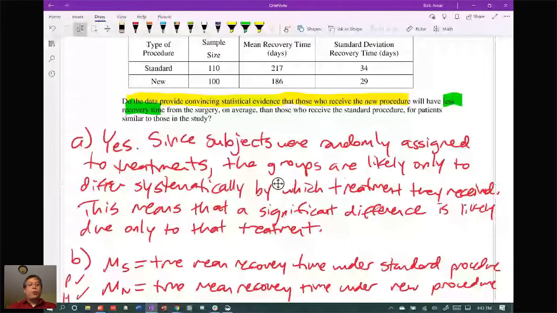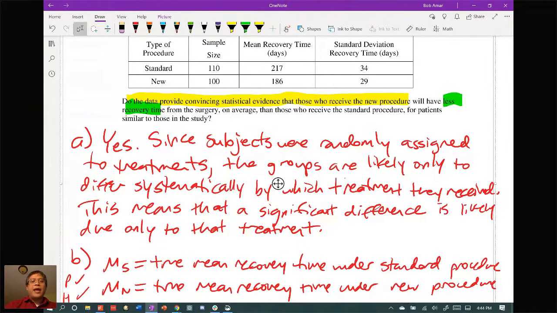I'm going to let the first group be the standard group, and the second group be the new group, because that's the way I've written the hypotheses. I want to show that the mean for the first group is larger. In this case, we are not going to make the pooled assumption. In general, you should never make the pooled assumption on the AP exam, because we don't believe that these two populations should have the same variance. So you don't pool them. If you happen to know that they do, then you can, but you shouldn't.